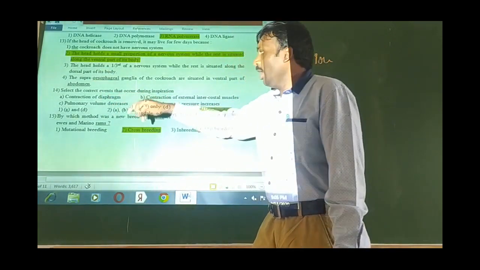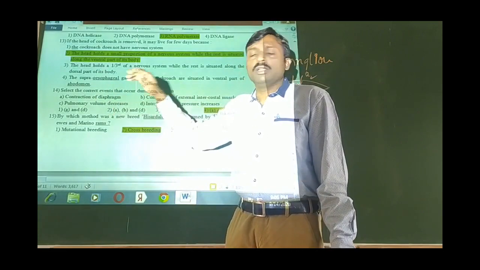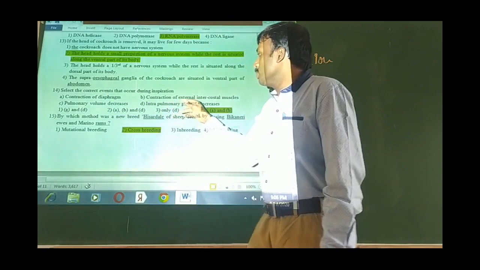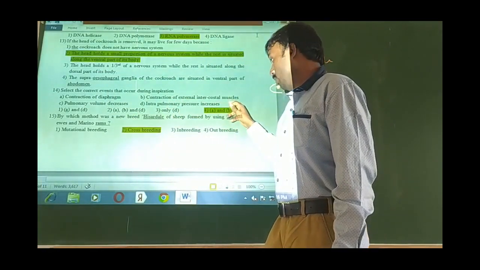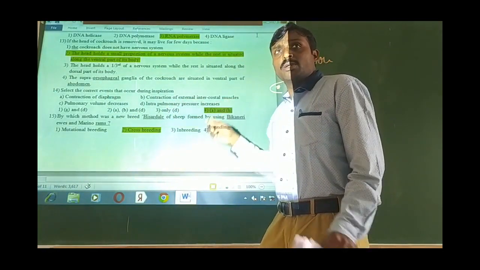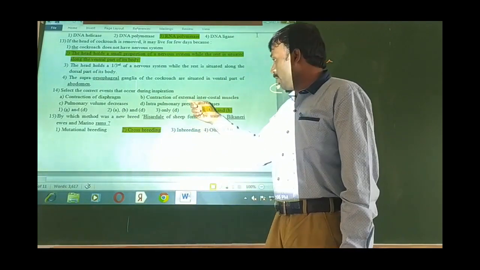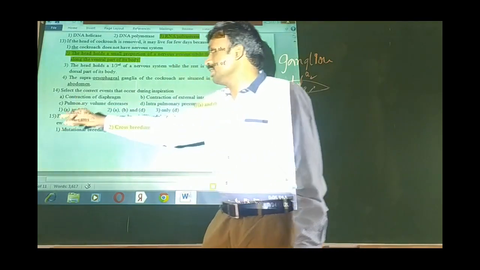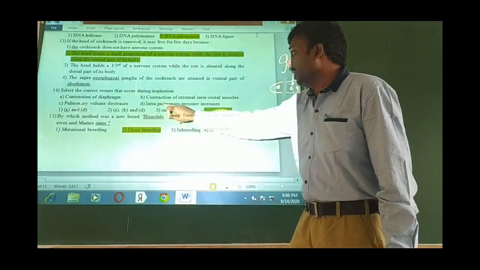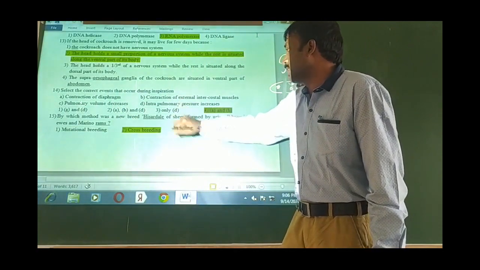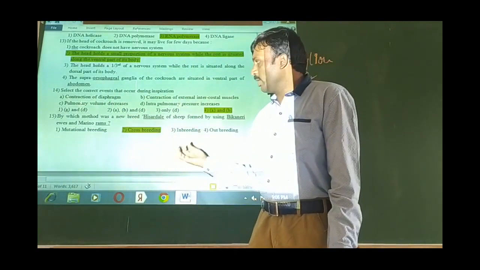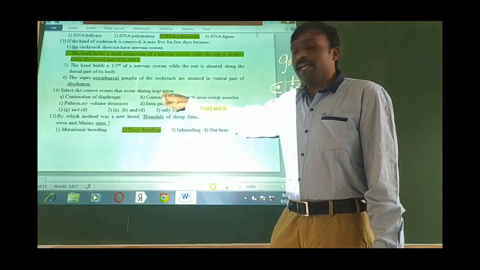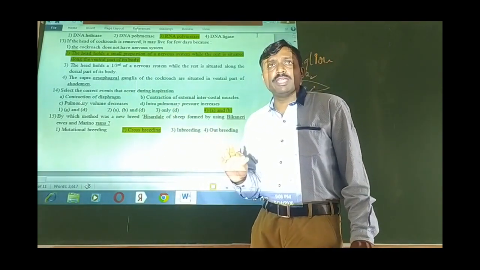If we observe the options: contraction of the diaphragm, the part which is below the chest cavity or below the lungs; contraction of external intercostal muscles; then pulmonary volume decreases, which does not belong to inspiration; intrapulmonary pressure increases, even this also not. So we can identify A and B as the events occurring during inspiration.